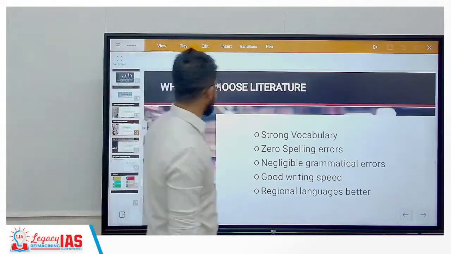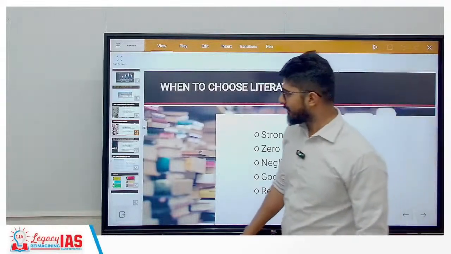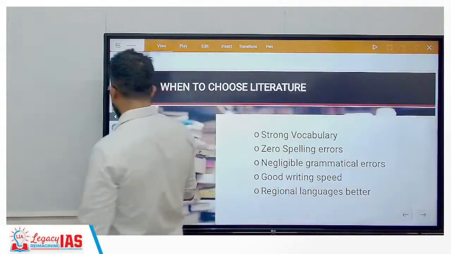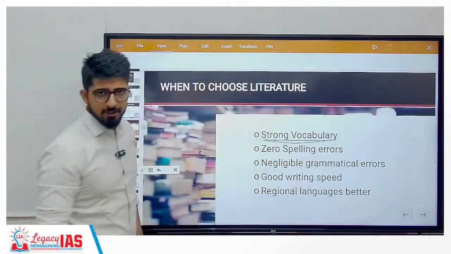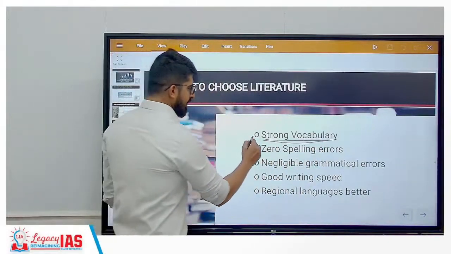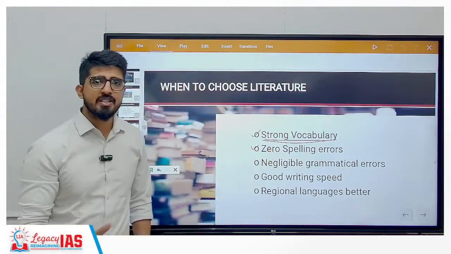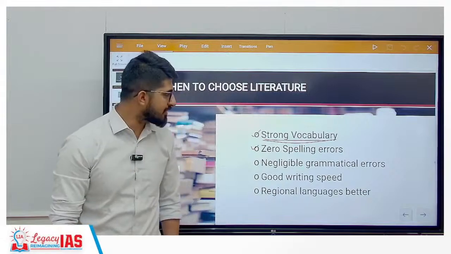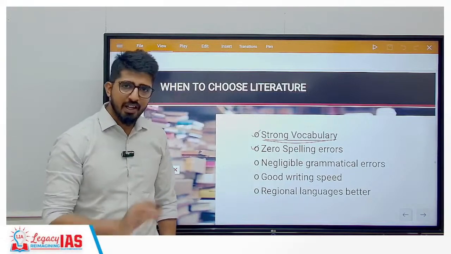And next is literature. The factors that are to be considered: a good, strong vocabulary would be really helpful. Second, see, this is important. Why? Because you have to make sense of the questions that have been asked, right? They are not going to be very lenient when it comes to asking questions using simple words.